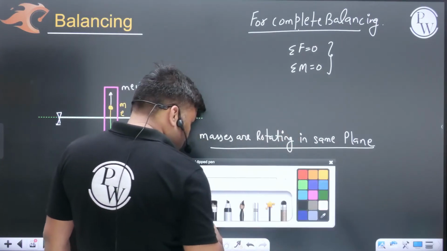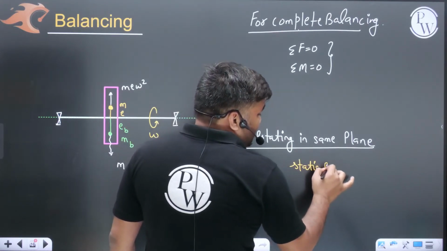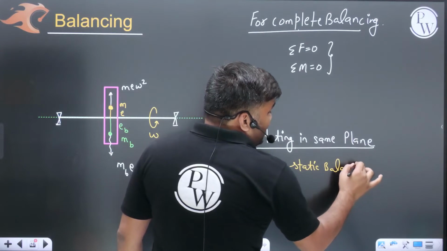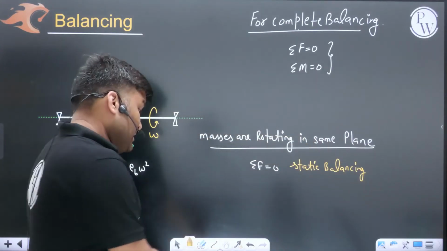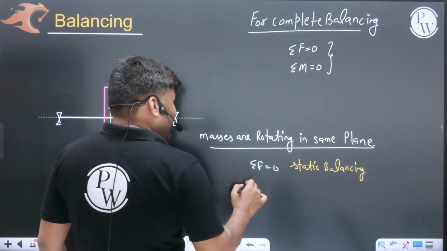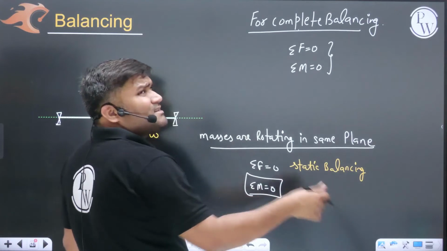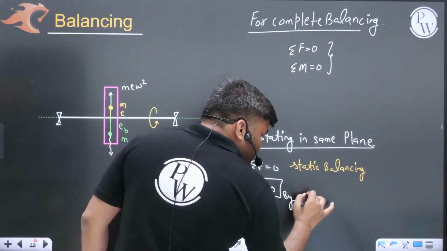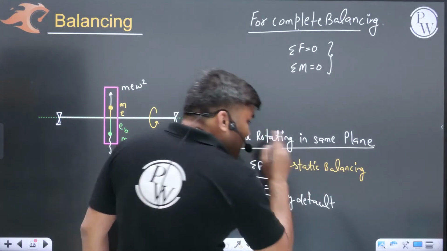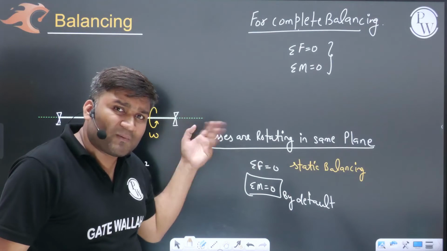This is what is called only static balancing. Only static balancing is done and my system will be completely balanced, because the summation of moments is 0. There is no moment generated at all. This is by default 0. Only static balancing, and I will say my system is balanced.